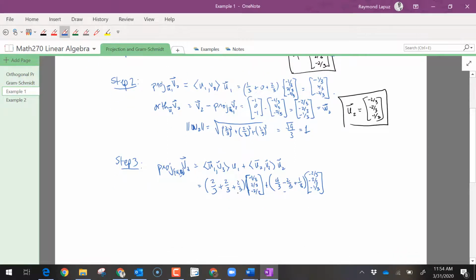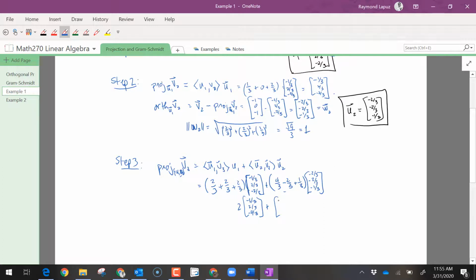So what do we have here? We have 2, 4, 6, 6/3, so that's just 2 multiplied by this vector. And then now we have 4 minus 2 is 2. 2 plus 1 is 3, so that's 3/3, which is 1.